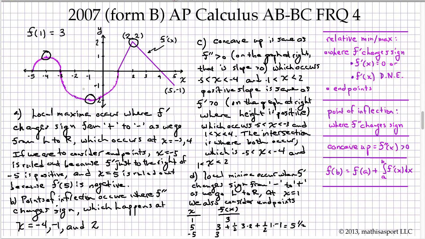So what is the signed area? Well, this is half of a circle. The radius, you can see, is 2. It goes from -1 to -3. Area of a circle, pi r squared. When the radius is 2, the area is 4 pi. We've got half a circle, so it's 2 pi.